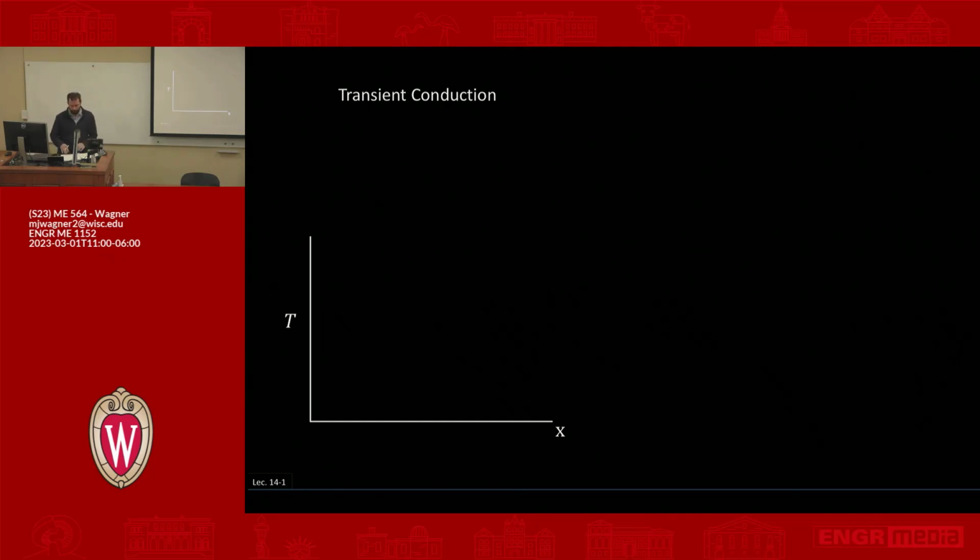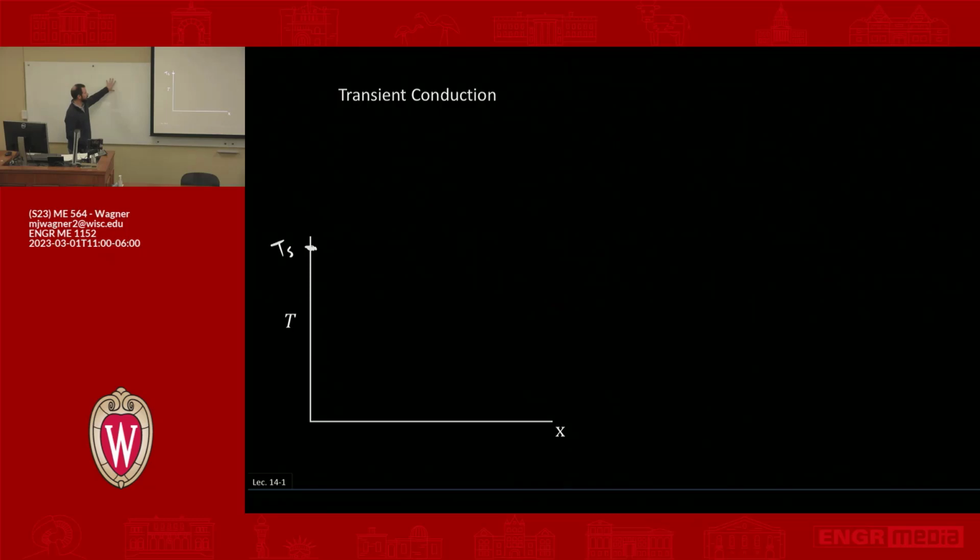So to start, let's look at this plot on the lower left. Let's imagine that we have some fixed surface temperature. So imagine that you just have a plain wall. You're holding the surface at a temperature, and initially that wall is at room temperature.